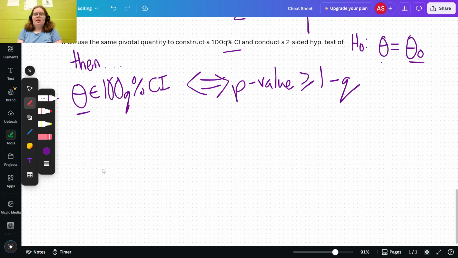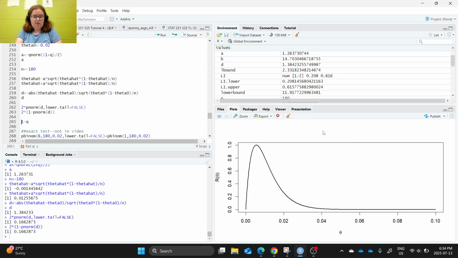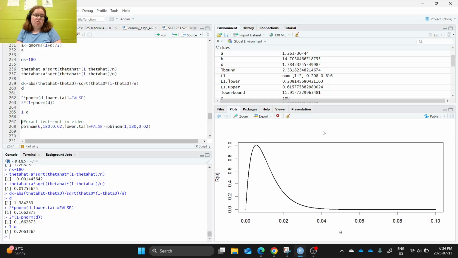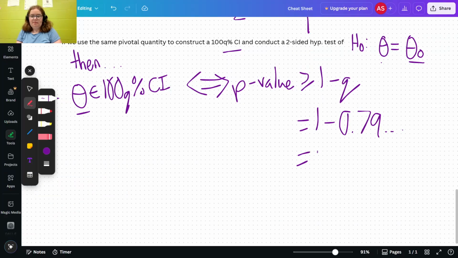So we've already determined that theta is not in our 79.4% confidence interval that we just computed. And we found based on our chart that there's no evidence against the null hypothesis. However, with this, we have to compute 1 minus 0.79, whatever it was, which I have over here, 1 minus q, and that's going to be 0.206.